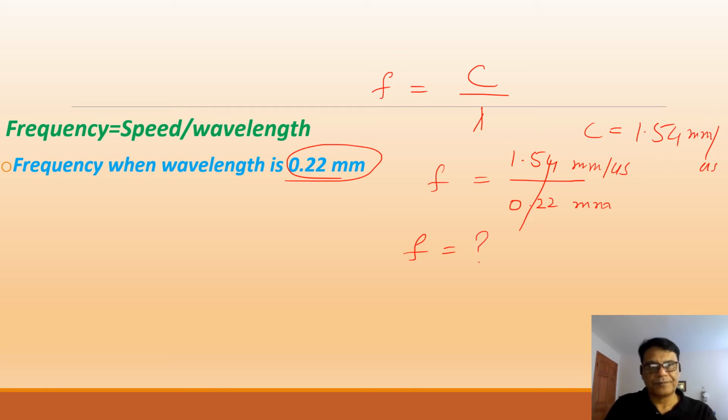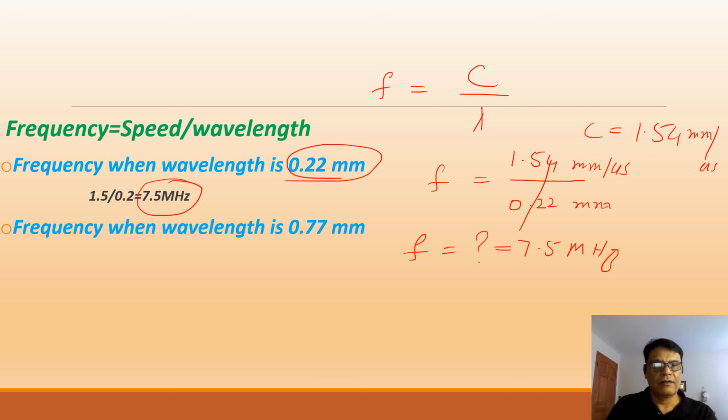Your answer will be 7.5 megahertz. And if the wavelength is 0.77 millimeter, what will be the frequency?